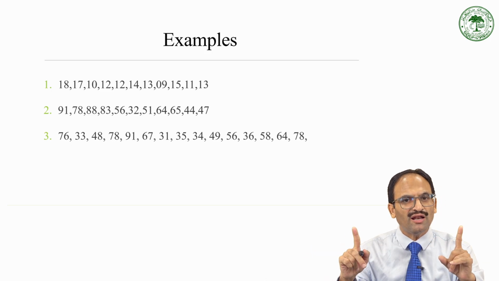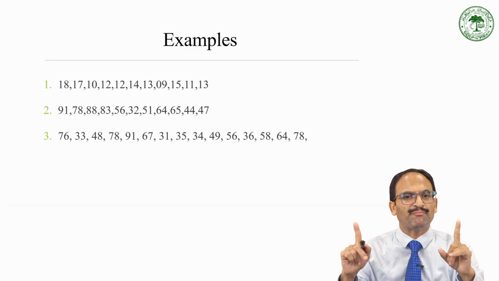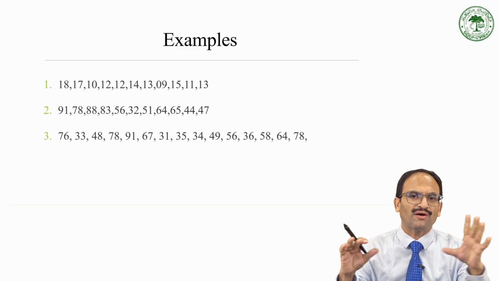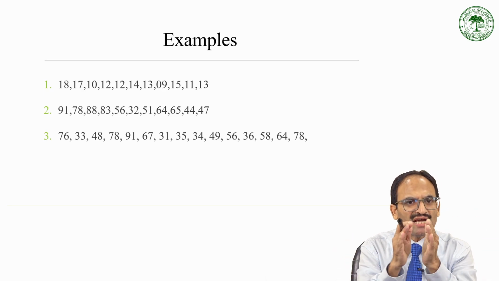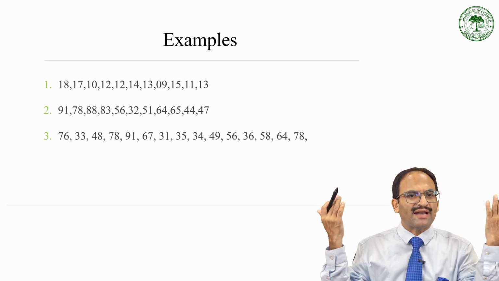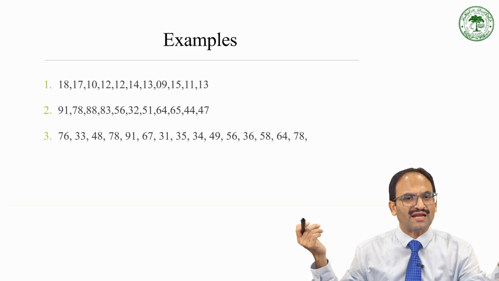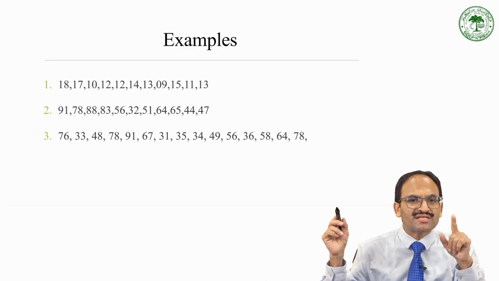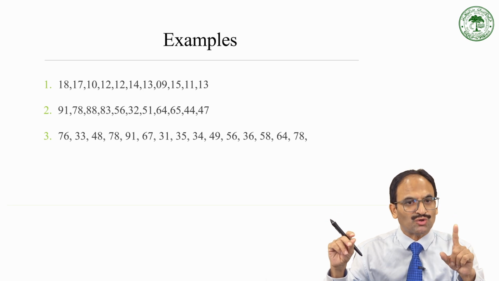So first of all, we have to arrange the numbers in ascending order and then we will find the median. So if you see all the data, numbers are 91, 78, 88, 83, 56, 32, 51, 64, 65, 44 and 47. So you will see that the lowest number is 32.